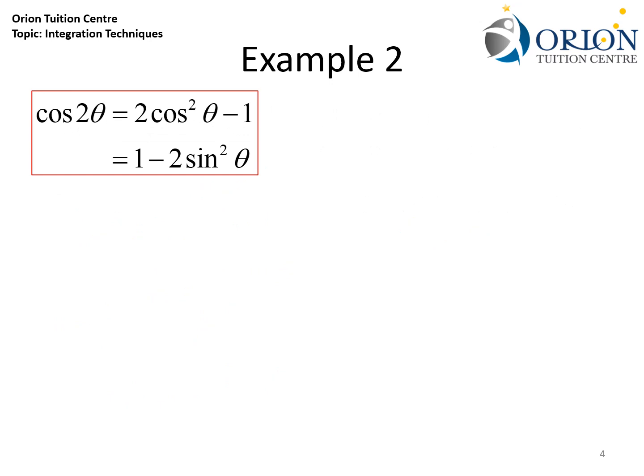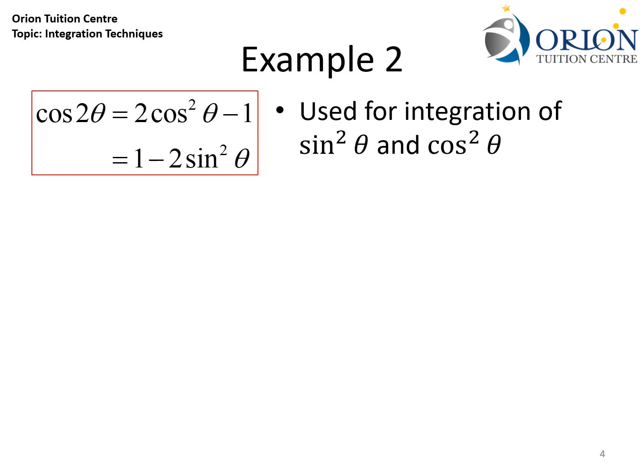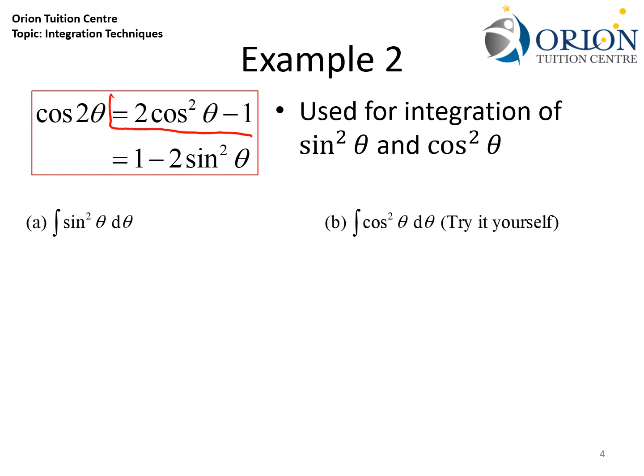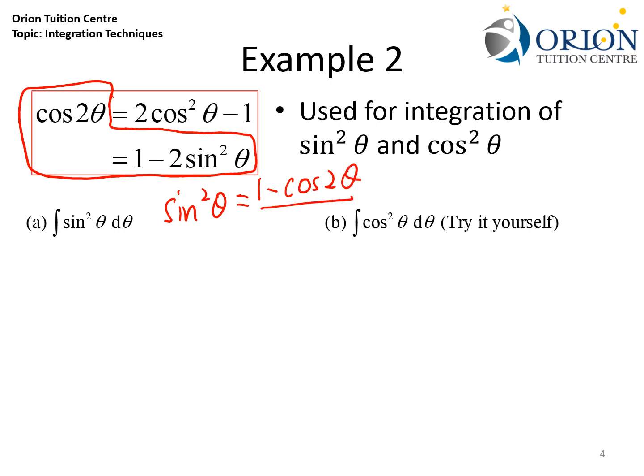Next, the double angle formulas are most commonly used for the integration of either sine square theta or cosine square theta. For example, to integrate sine square theta, what we can do is to first rewrite sine square theta in terms of cosine 2 theta. Based on this equation over here, I can rewrite it as sine square theta equals 1 minus cosine 2 theta divided by 2.